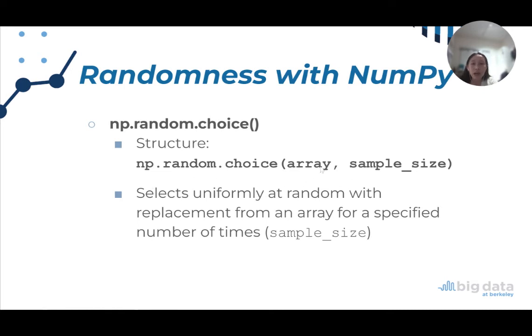You input an array into it and the sample size, and then it will select uniformly at random with replacement from the array for a specific number of times from sample size. So based off an array, usually the array will be larger than the sample size. For example, we have an array of length 200, and we want a sample size of 3. So it will randomly choose 3 values out of that array, and then output an array of length 3, or the length of your sample size.